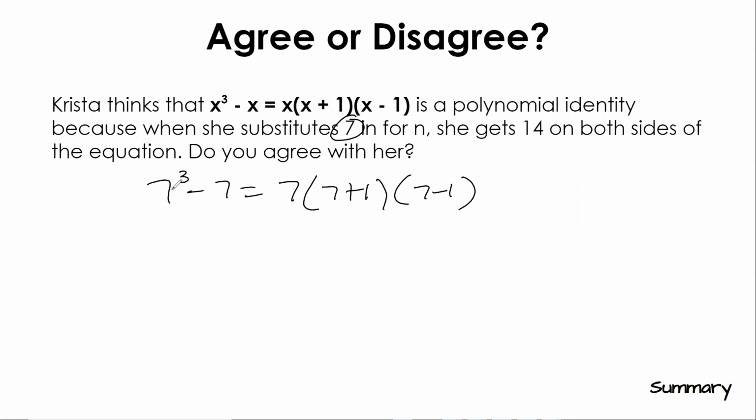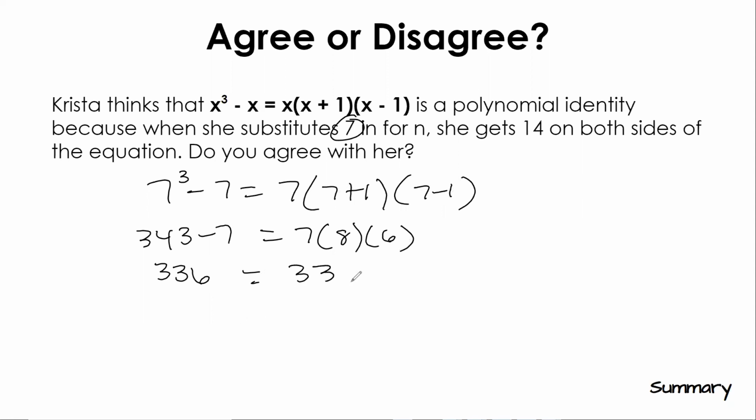Okay, so 7 cubed is going to give me 343. And then minus 7 is going to give me 336. Over here, 7 plus 1 is going to give me 8. So 7 times 8. And 7 minus 1 is going to give me 6. So 7 times 8 times 6 is going to give me 336.